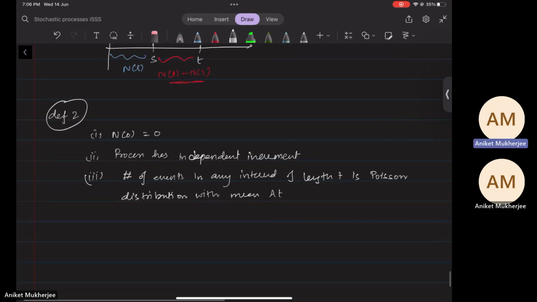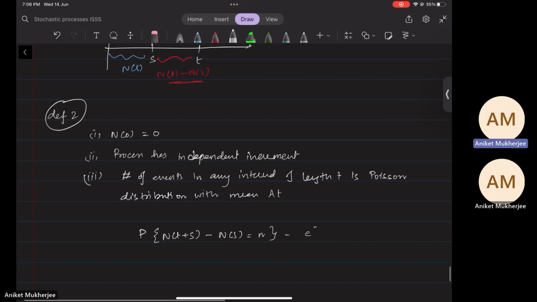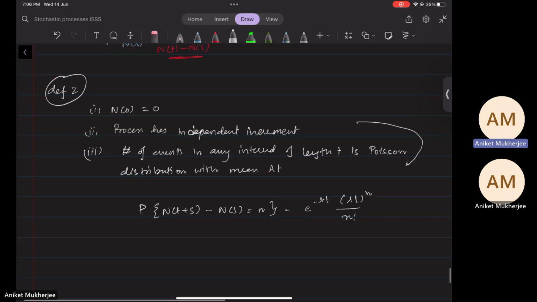So what you're basically saying is the probability that N(t plus s) minus N(s) equals n is e power minus lambda t, lambda t power n by n factorial. Using the independent increment and the third property, we can also say that it's stationary. So you need not always calculate from s to t plus s. It is equivalent to show that from 0 to t it has the same distribution, e power minus lambda t, lambda t power n by n factorial.